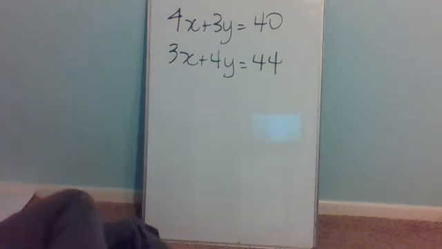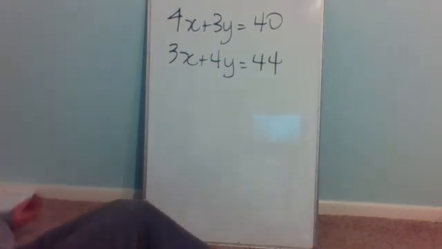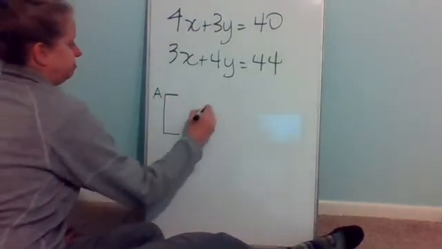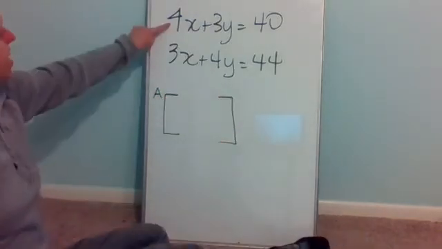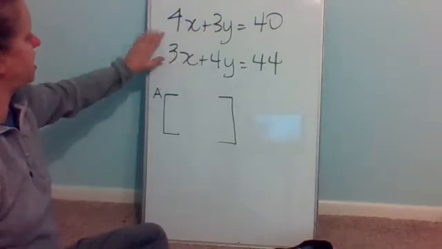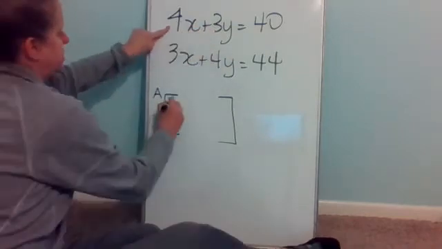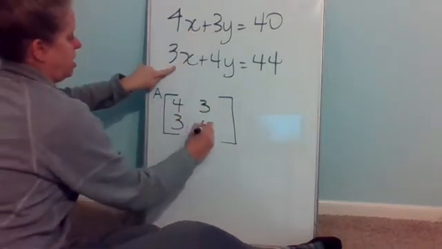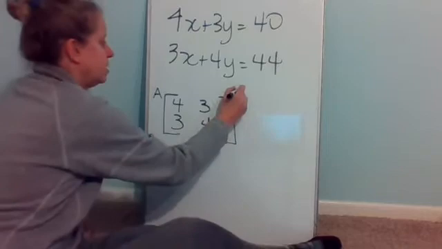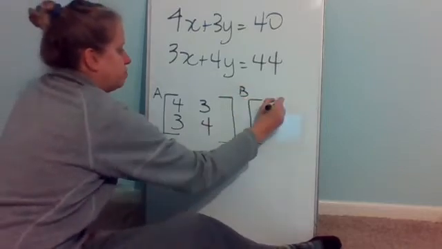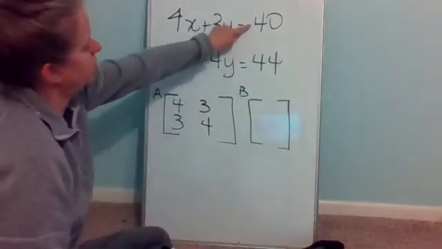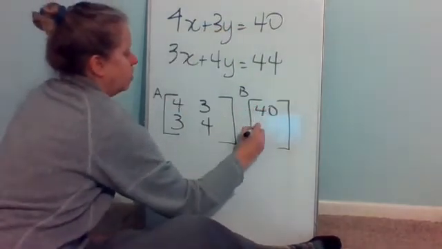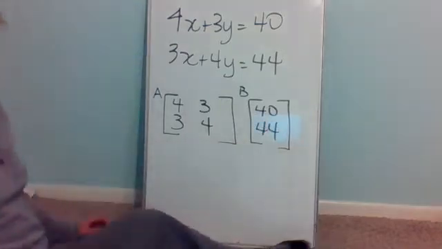We used the matrix function in our calculator for these problems. We created a matrix A that contains the number part of this side of the equal sign. So up top, we'll have 4, 3, and then 3, 4. And then we created a matrix B that had this side of my equal symbols. So 40 over 44.